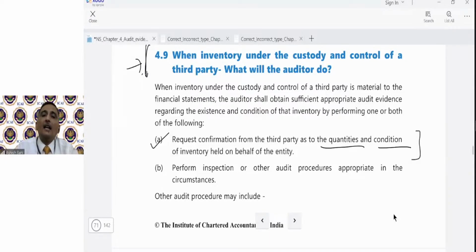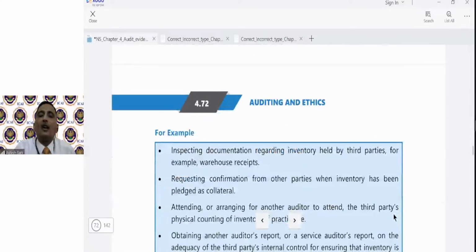Okay, and perform inspection or other appropriate procedures, or if it is possible to go to that party's premises, then go there, perform inspection or other audit procedures. So other audit procedures mean like inspecting documentation held by other parties or asking other parties' auditor to confirm that such stocks are lying. So it can be anything. Like I have sent the shirts or the fabric to another company for job work.